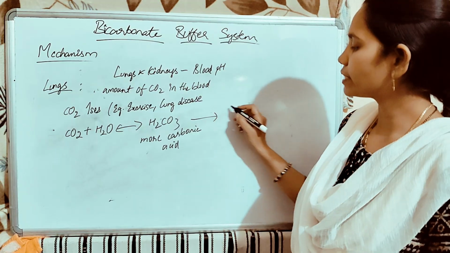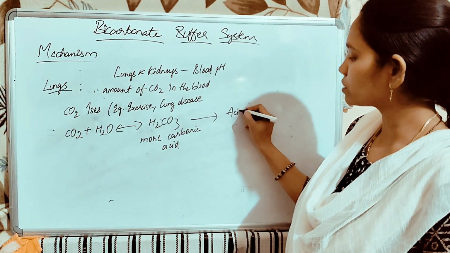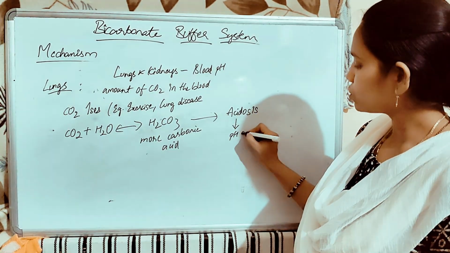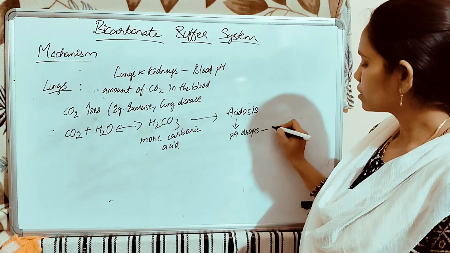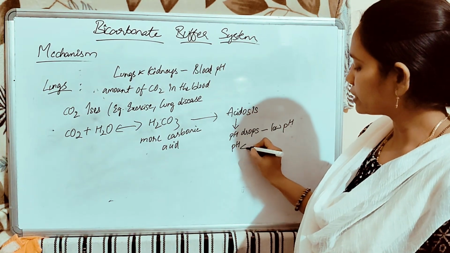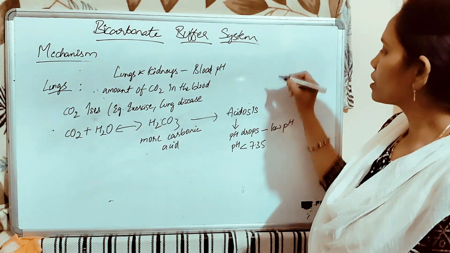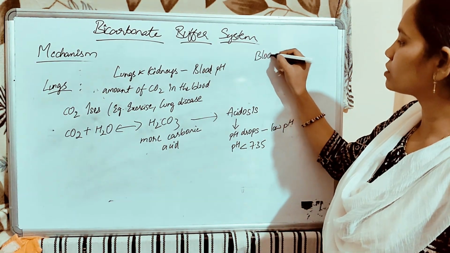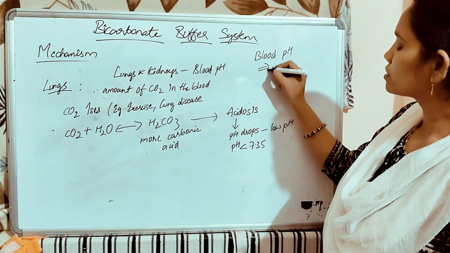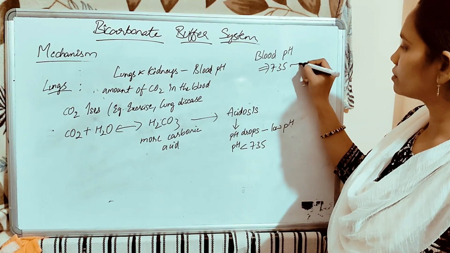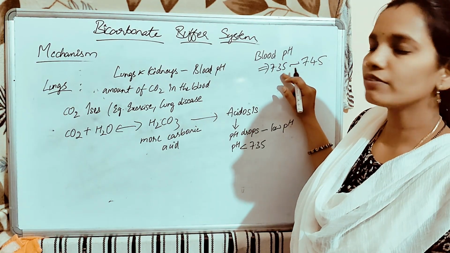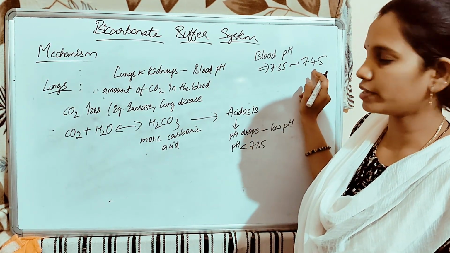It leads to a condition called acidosis. Now in this condition the pH drops, indicating low pH, meaning the pH will be less than 7.35. We have already learned the normal range of blood pH, 7.35 to 7.45. It should not be below 7.35 or above 7.45.